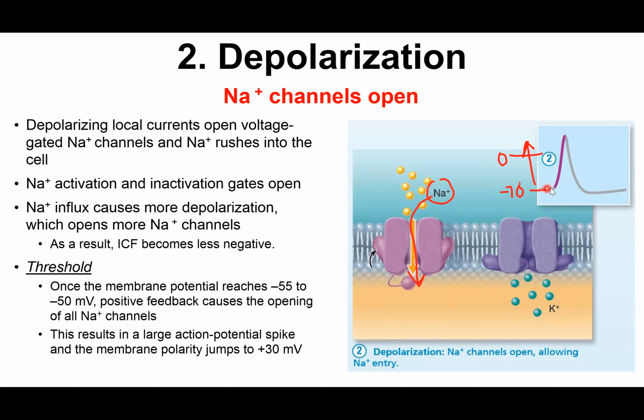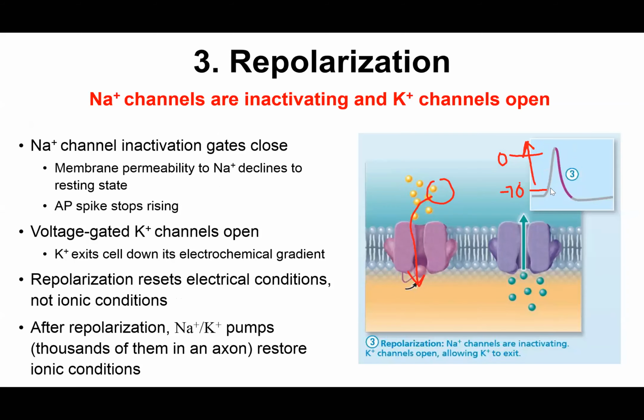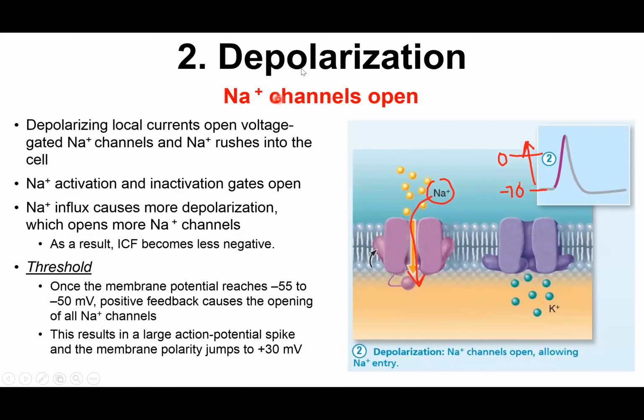Okay, so we started at minus 70, but the end of depolarization inside of our cell is now plus 30, okay? All right, so once we reach this plus 30 mark, then what happens?